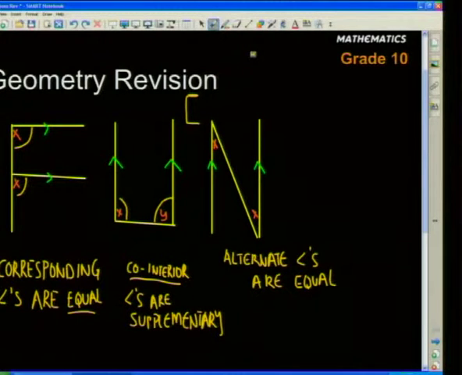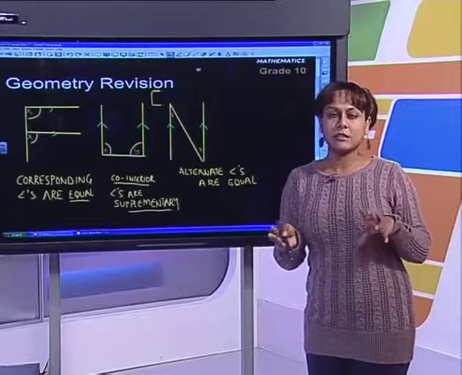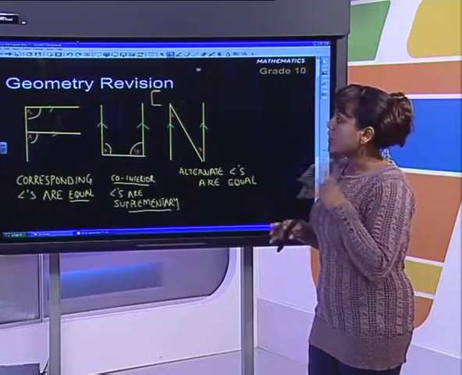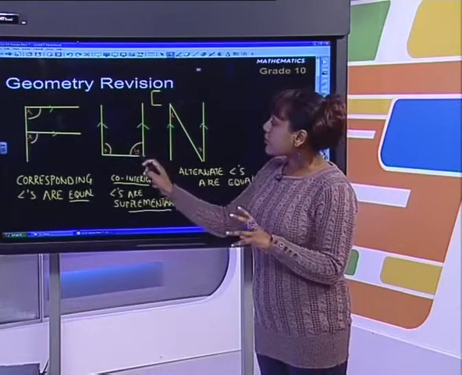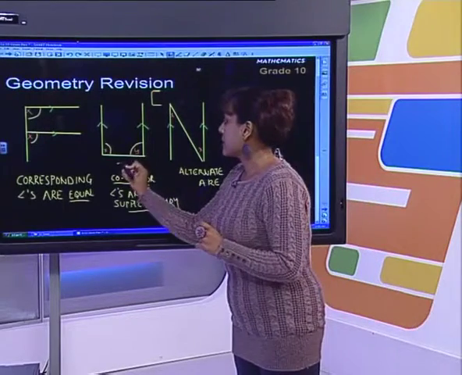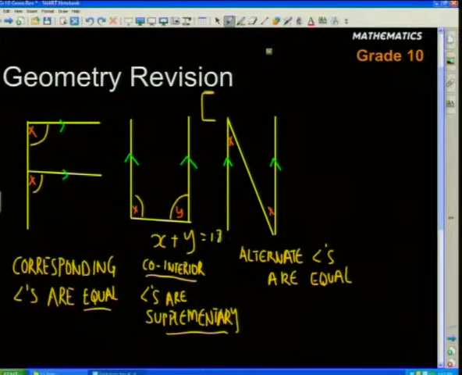Anything that looks like a U or a C will give you co-interior angles if the lines are parallel, and those angles are supplementary. Remember, supplementary is just a big word to say that they add up to 180 degrees. So when you get co-interior angles X and Y, if you add them together, they equal 180 degrees. That's all that supplementary means.